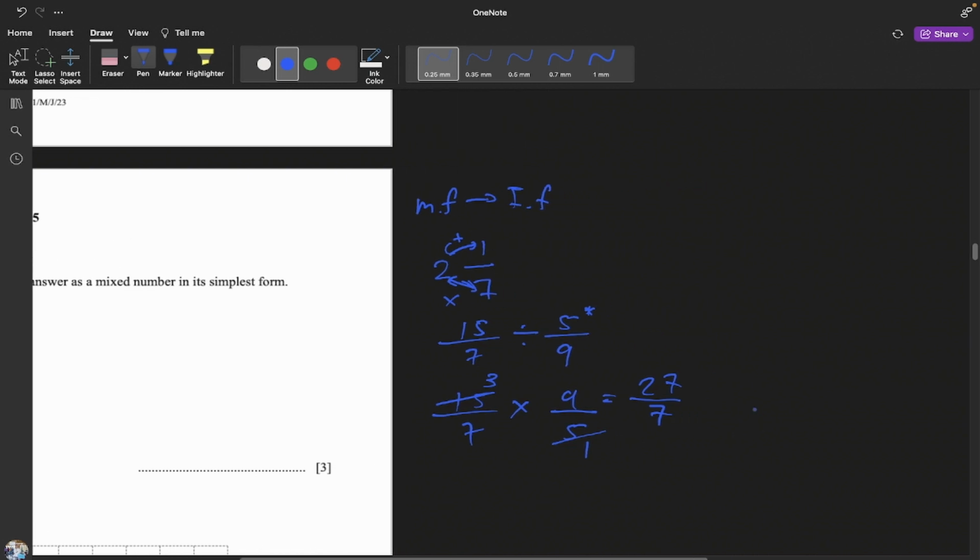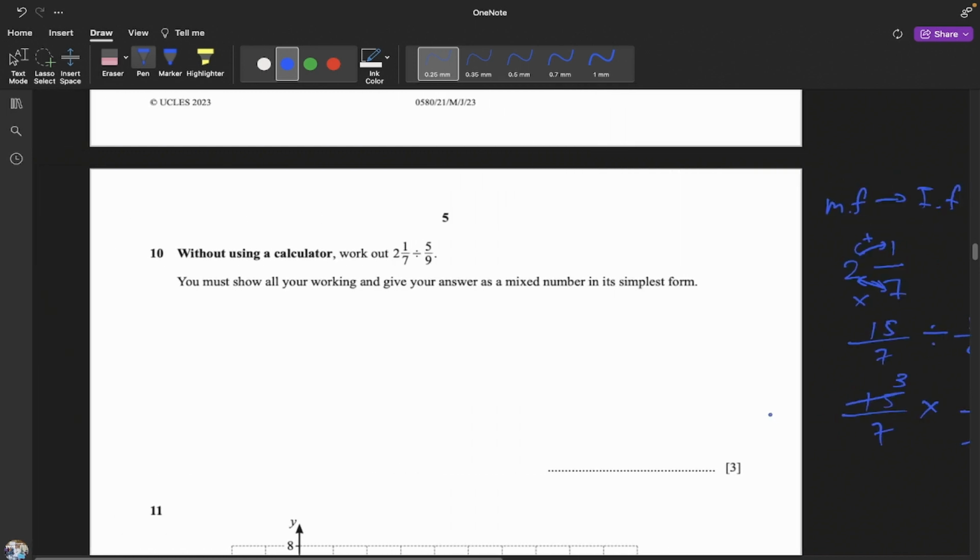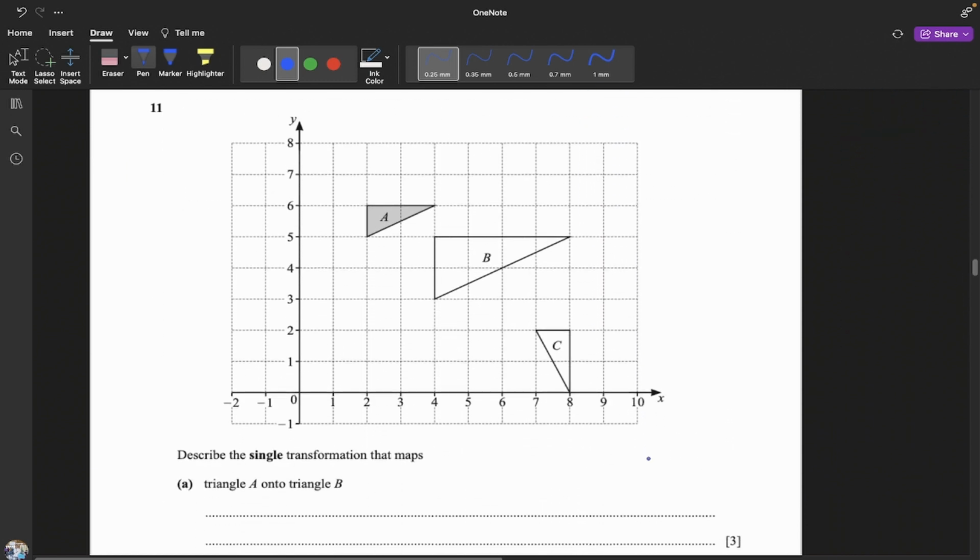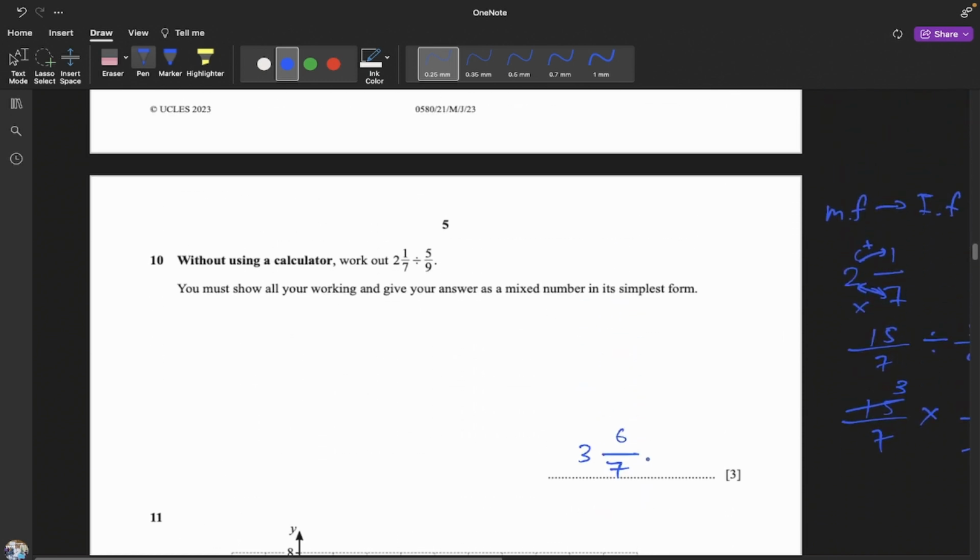No. So you can divide straight away. 27 divided by 7 can be written as 3, 6 and 7. Good. The answer is 3 and 6/7. This is the answer. Next one is a transformation question. We'll be doing that in the second part.